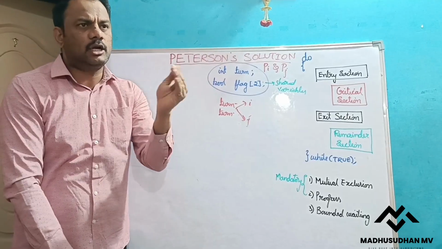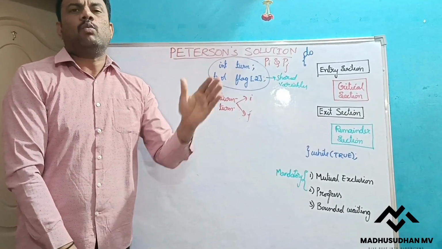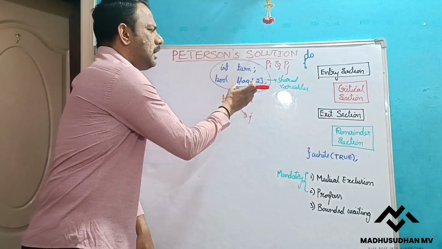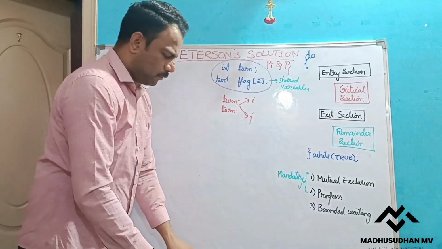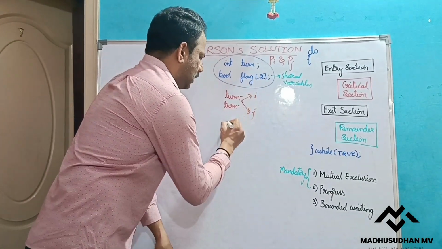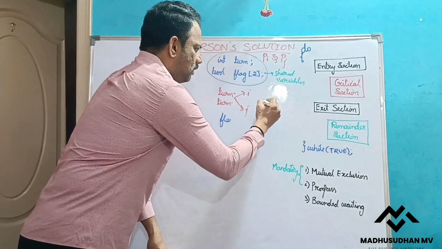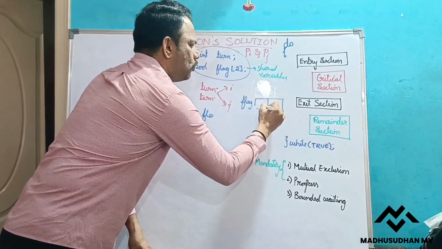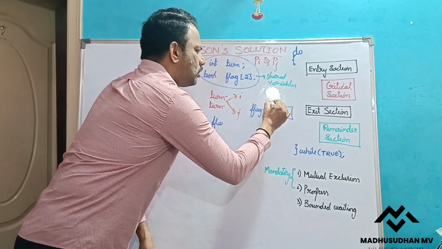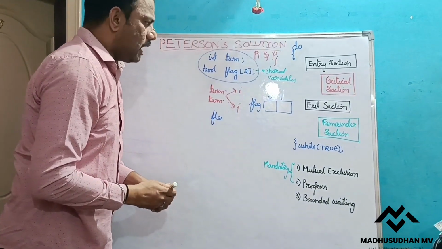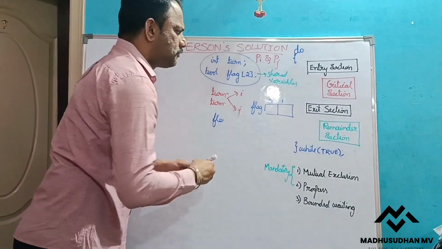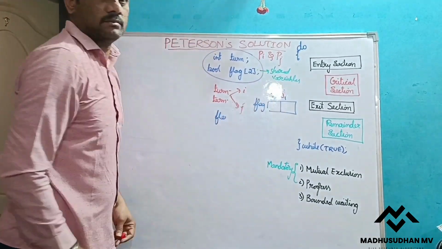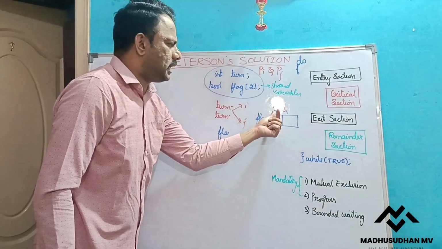Which process is ready to enter into the critical section and which is not will be indicated by flag. Flag is one array, and it has only two fields. Let us take the indexes 0 and 1. I will assume 0 is for the ith process and 1 is for the jth process. For the jth process it is 1, for i it is 0.